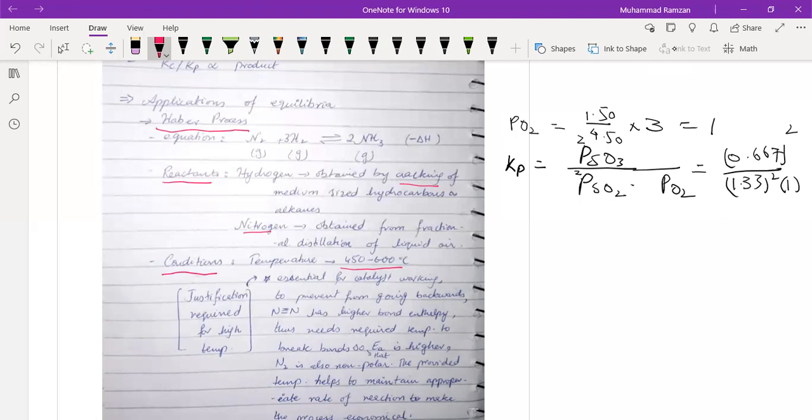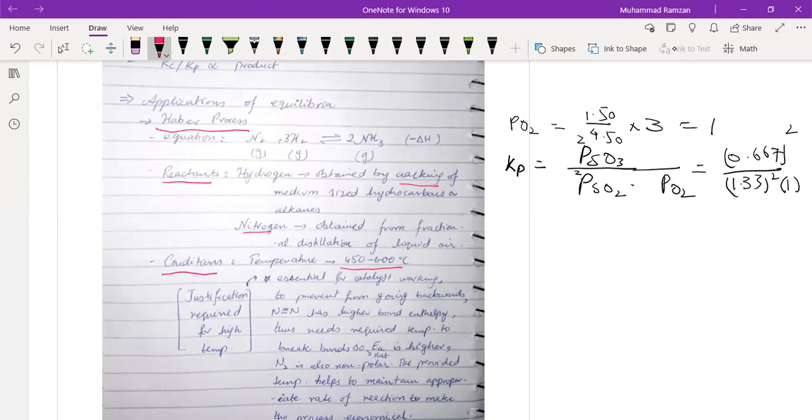When you quote any value of this range, there is a question raised. The reaction is exothermic, and high temperature will drift the reaction backward. There will be no benefit of this high temperature, and we have to justify this.